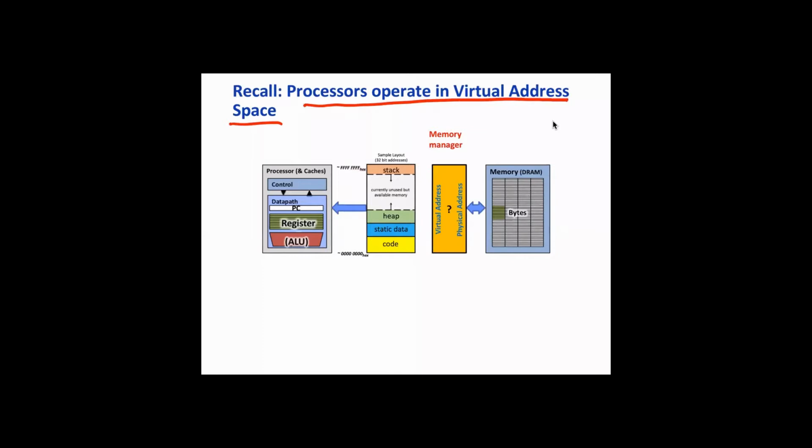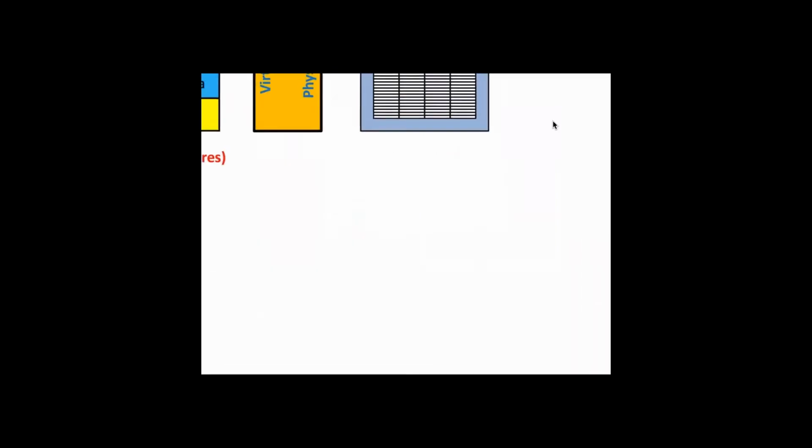So basically each process thinks that it has all the address space, and then only at runtime the translation happens. If you recall, there was a diagram where continuous translations keep happening. This translation is happening here by the memory manager.